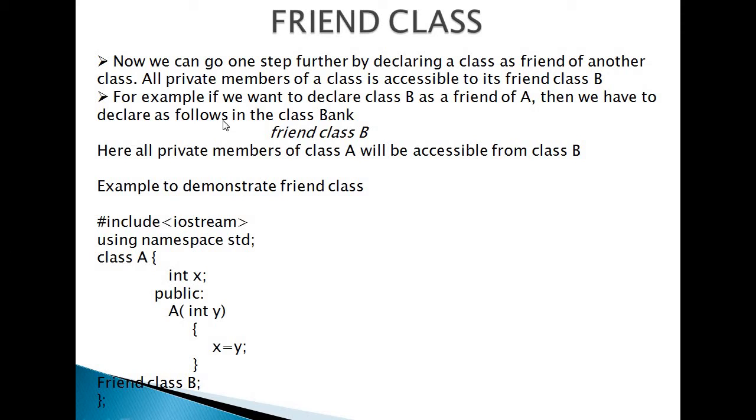Now we can go a step further by declaring a class as a friend of another class. Then all private members of a class are accessible to its friend class.